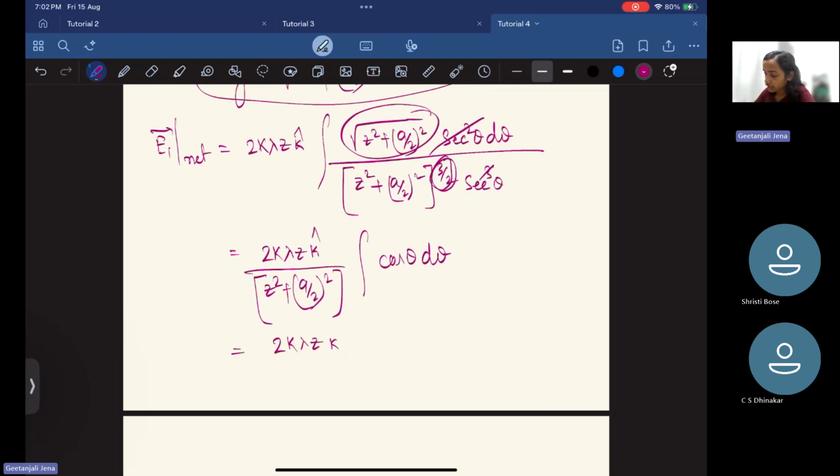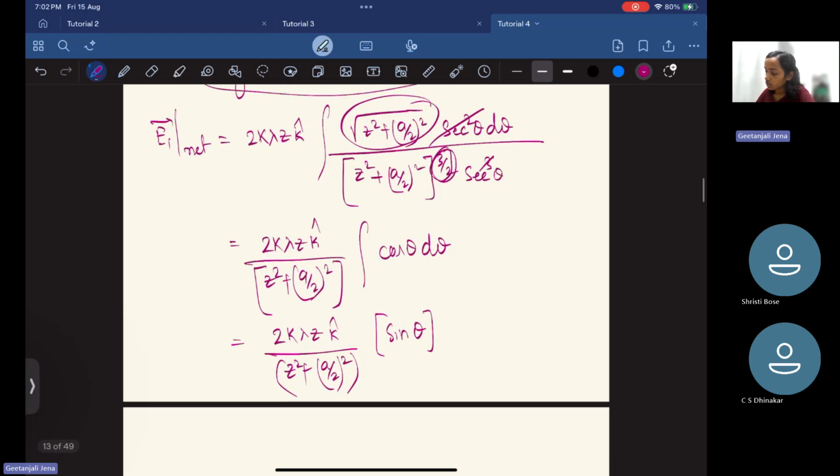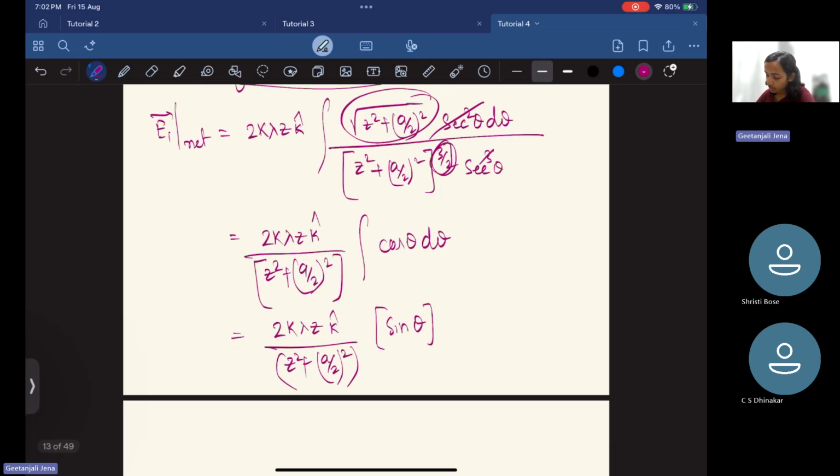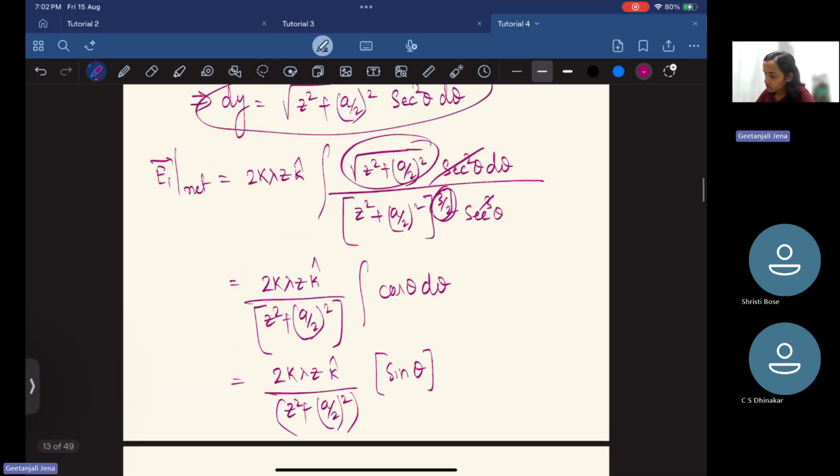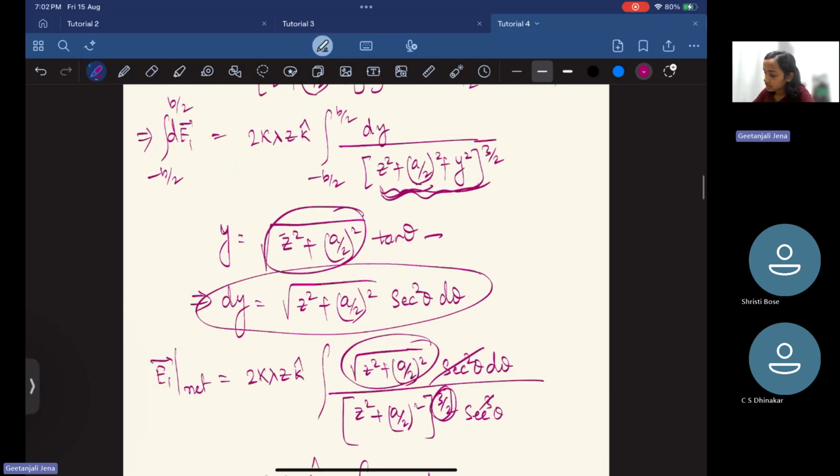And we don't know the theta limit also. So for this, what we can do is the back substitution. We will convert theta to y because the y integration we know. So that is why we'll go back to the y term. We've taken tan theta as y by square root z square plus a by 2 square.